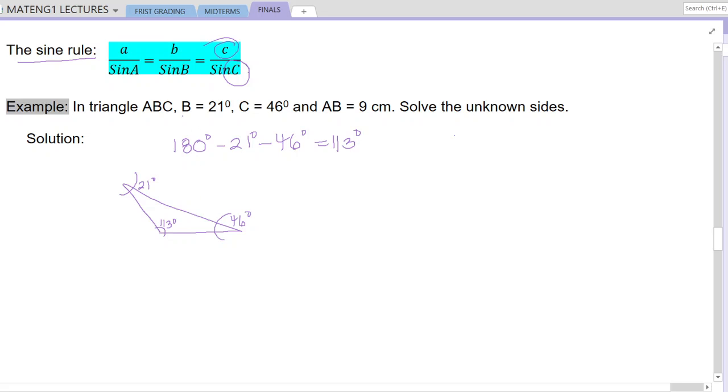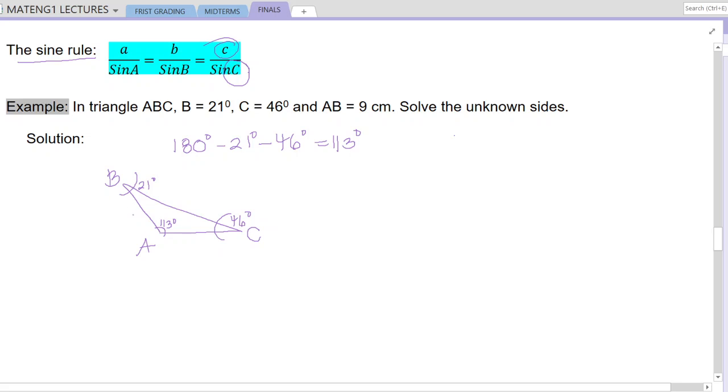Okay, so that is A. Okay, that is 113 degrees. For the angle of B, that is 21, and then for the angle of C, that is 46 degrees, so in clockwise. Okay, so that is for solution. Since we are given two angles, that is 21 degrees and 46 degrees, and we are given one side, which is AB.